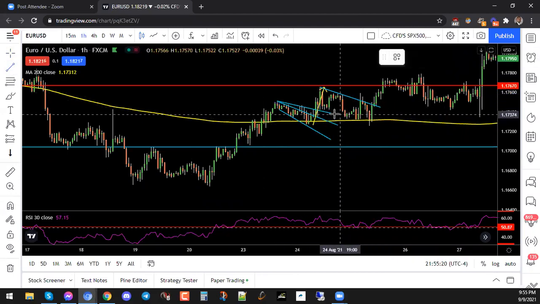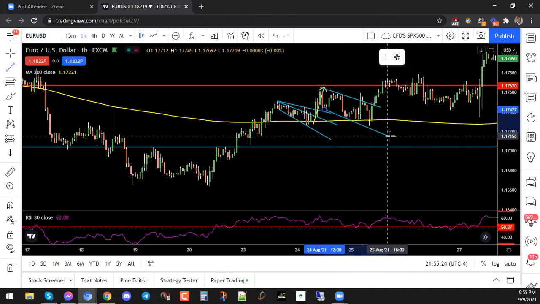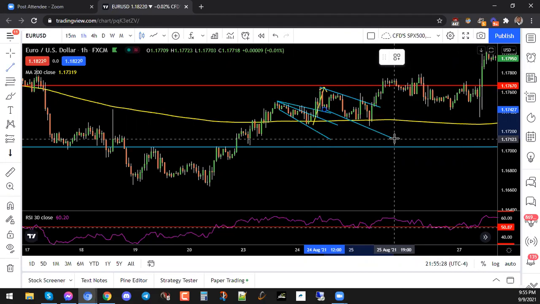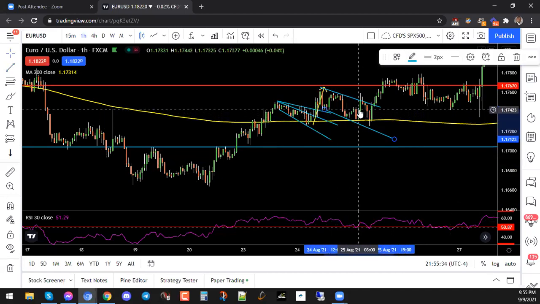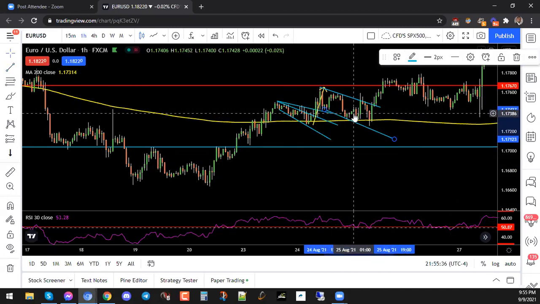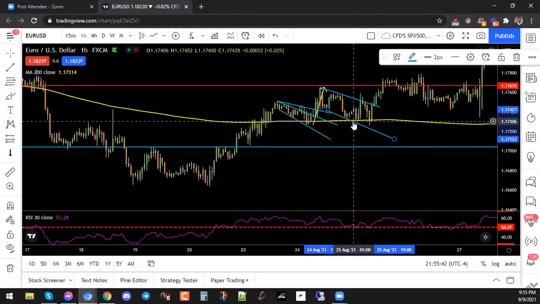And I do it for the bottom as well, from swing to swing. Connect this swing to this swing. And this is what I got. This is my pattern formation. Okay, and let's see, this is 1, this is 2. If I'm using market geometry and I get this sell signal here, it hits this 200-point moving average, doesn't break it.